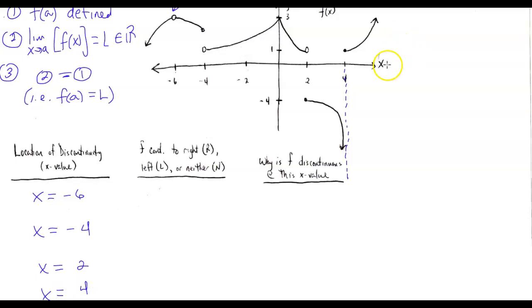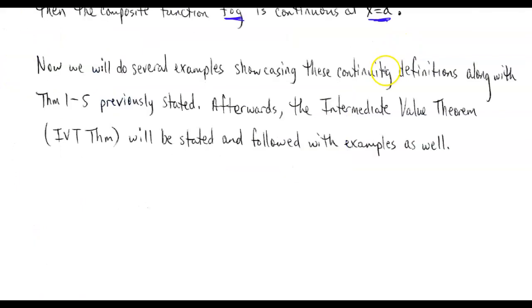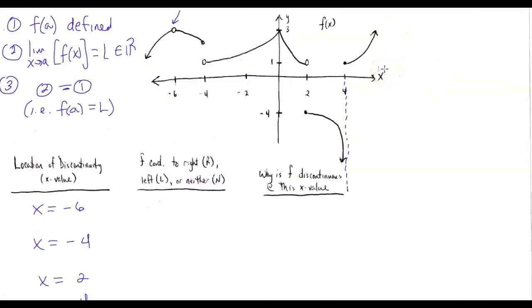So now that we know that, let's go back and see if our function is actually continuous only on the right, only on the left, or neither. So for our first location, which is at x equals -6, because we do not have a defined point here at all, we can't say that the function is going to be continuous on the left or right.